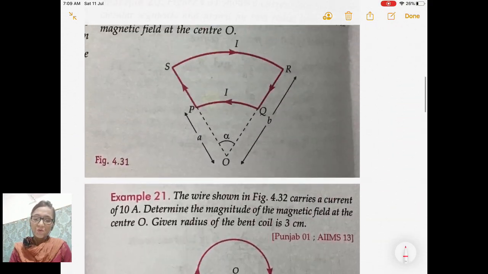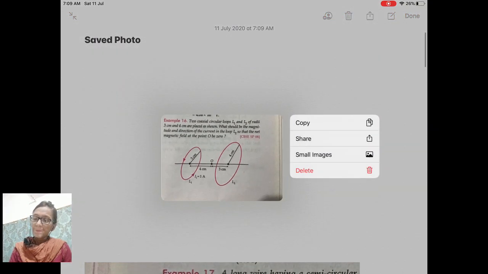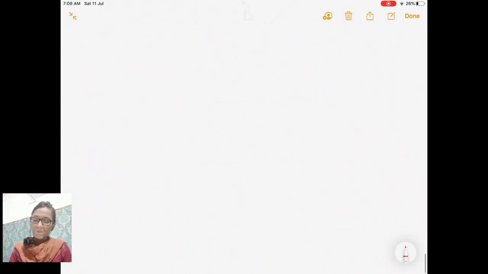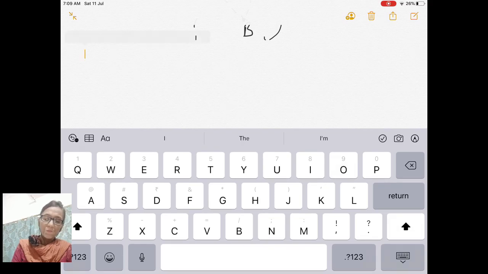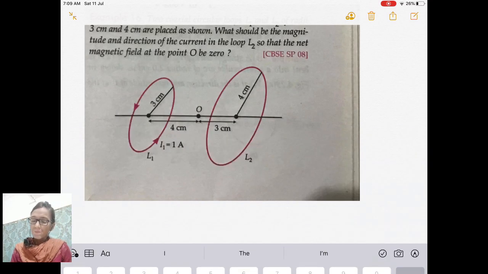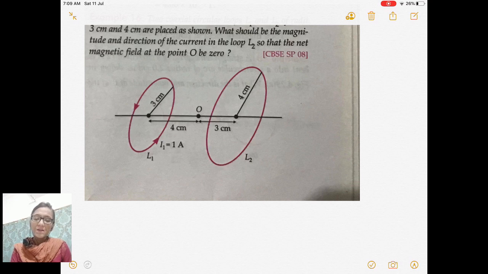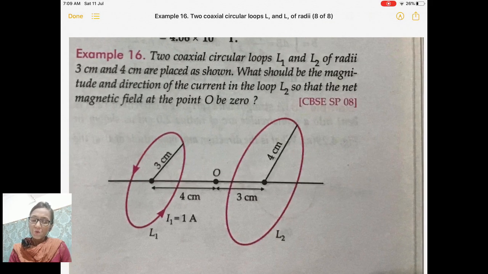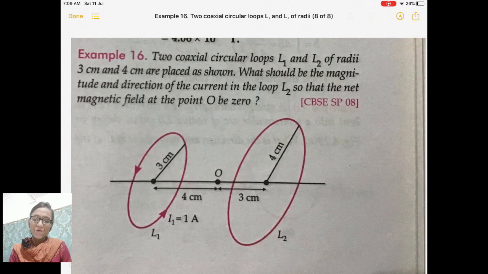So all these formulas are there. Now let me start with question number 1. Two coaxial circular loops L1 and L2 of radii 3 centimeter and 4 centimeter are placed as shown.